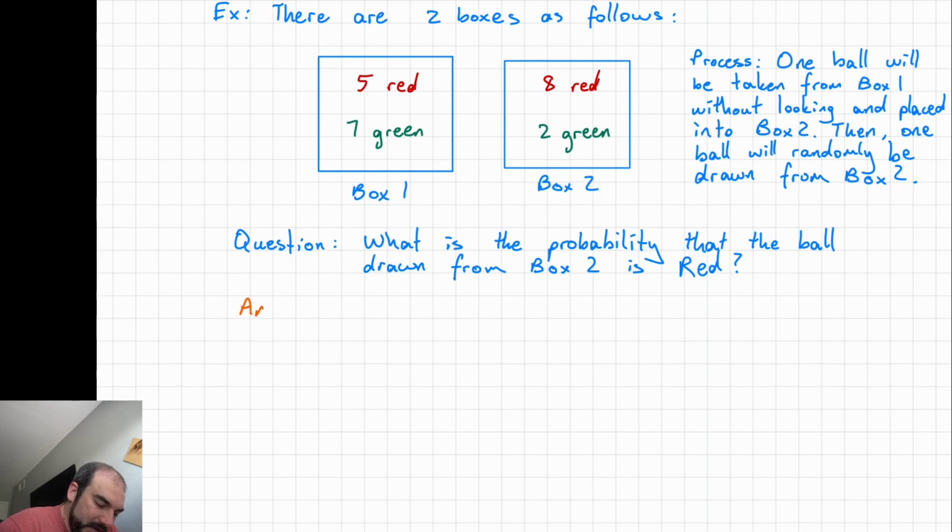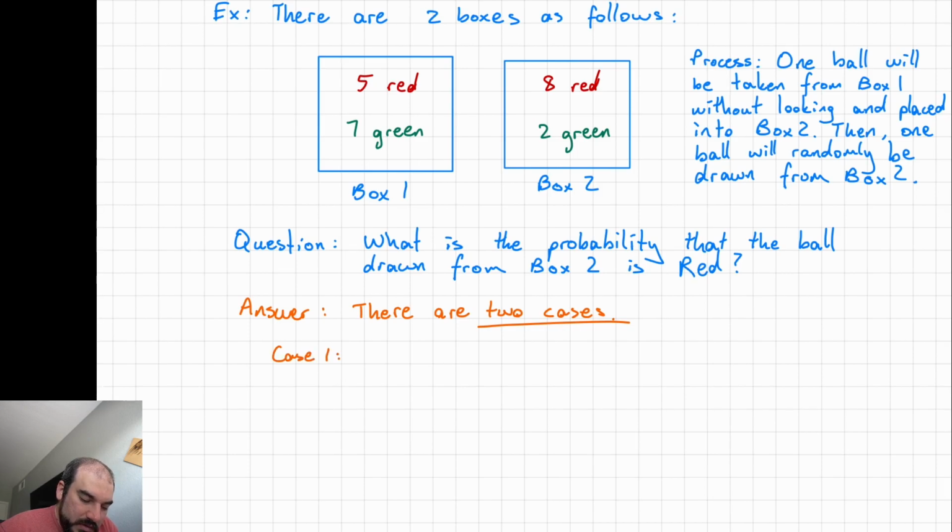As a structure for the answer, there are two cases. And those two cases are important.